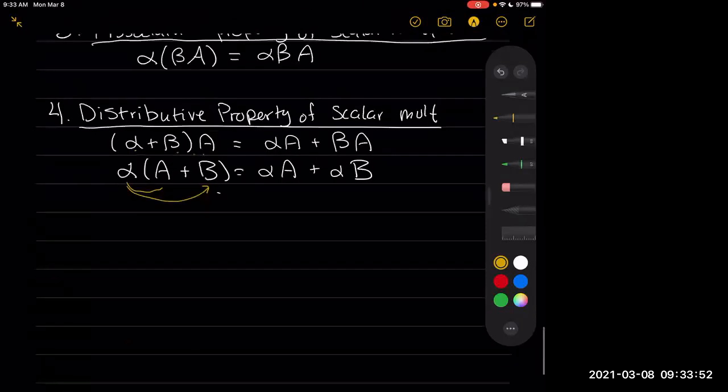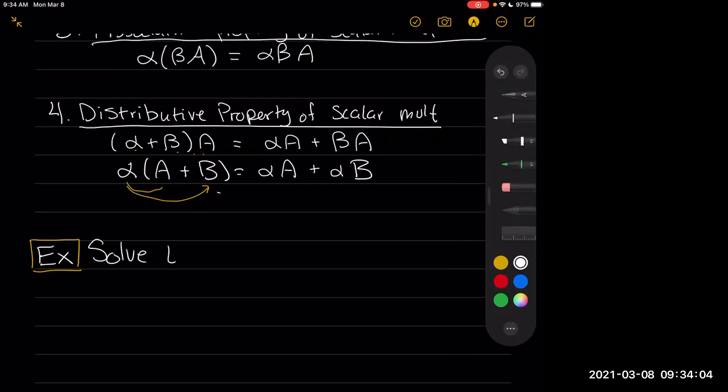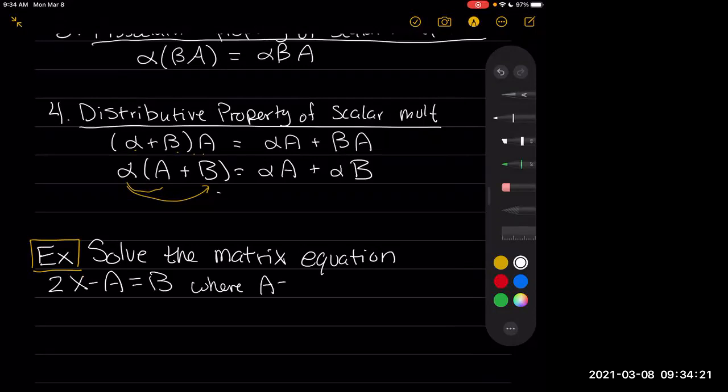All right, so now we're going to look at an example. We're going to solve the matrix equation 2X minus A equals B, where A is 2, 3, negative 5, 1, and B is 4, negative 1, 1, 3.